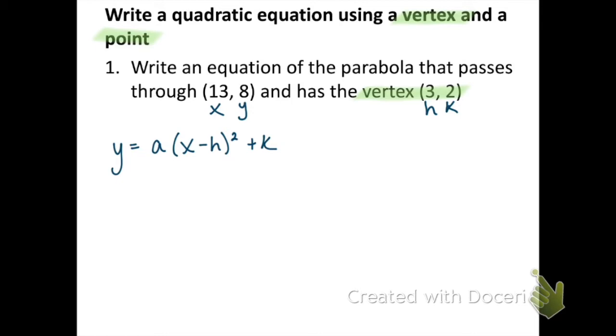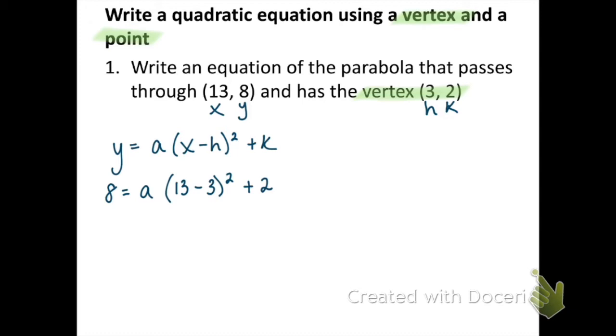And now we're going to plug in our values for x, y, h, and k. The one variable that we have left is our a value, and that's what we're solving for right now.